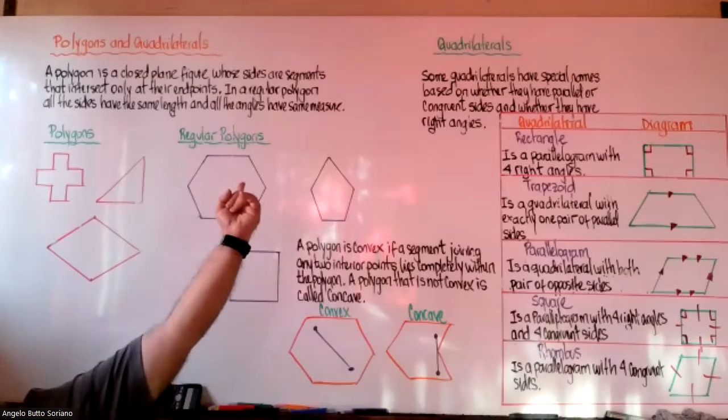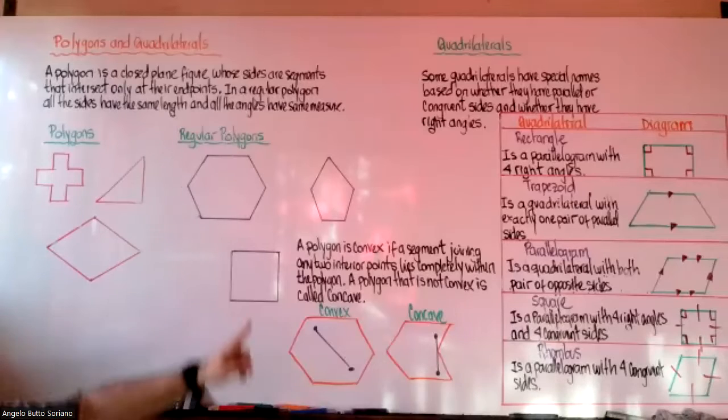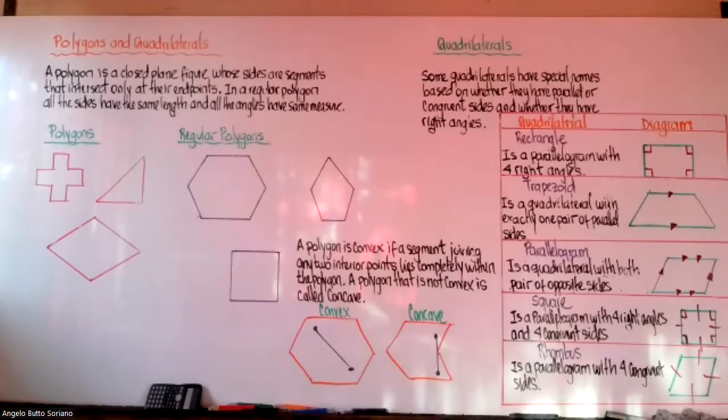In the first one, how many sides do we have in this picture? Guys, would you like to tell me how many sides do we have? In the first picture, how many sides do we have? We have six, right? What does that mean? The name of this polygon will be hexagon because it has six congruent sides.